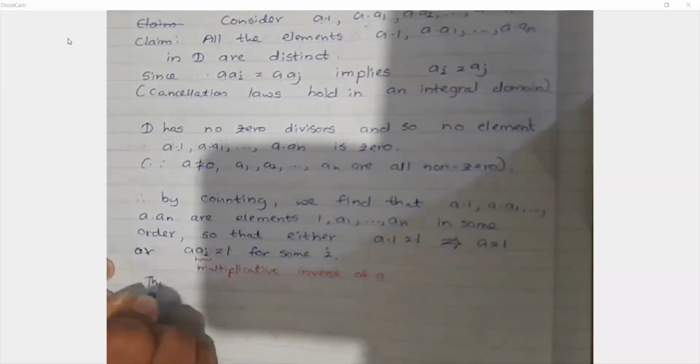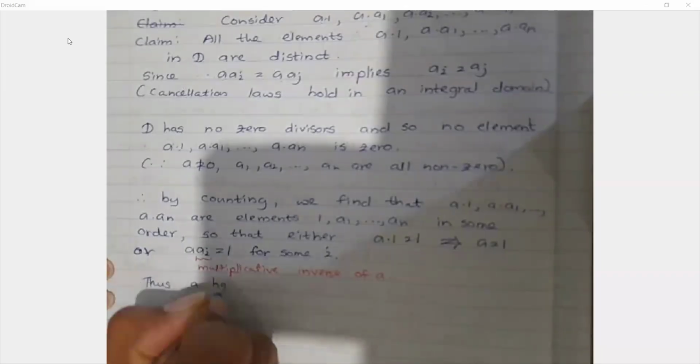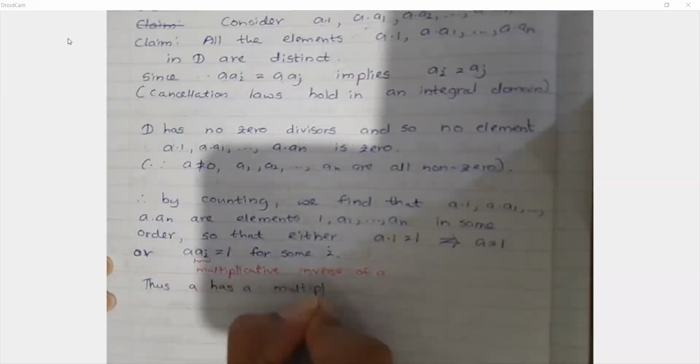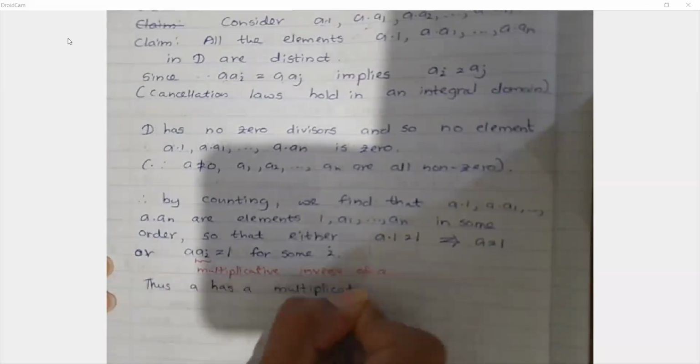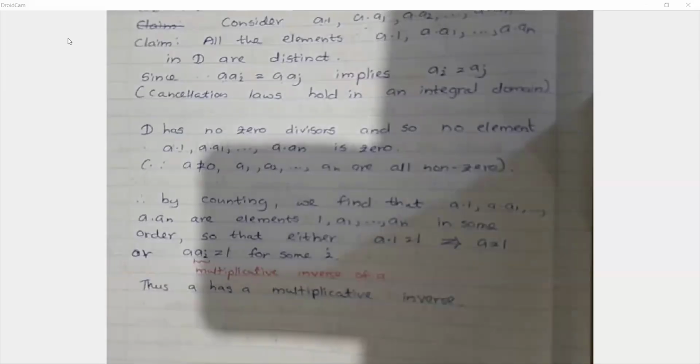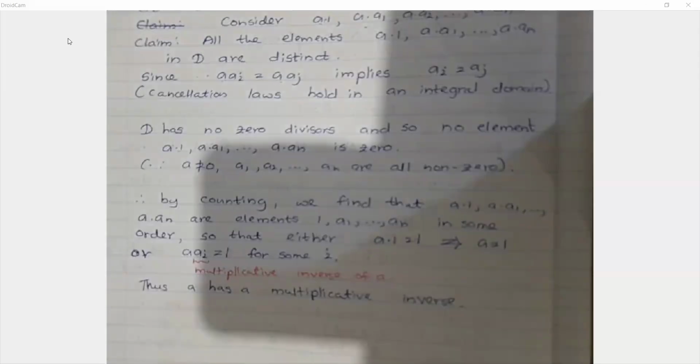So in any case, a ends up having a multiplicative inverse. a is a non-zero element chosen arbitrarily. That means every non-zero element has a multiplicative inverse in D. By definition, it's a field.